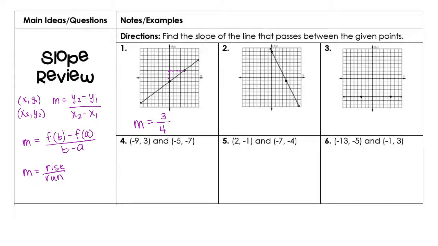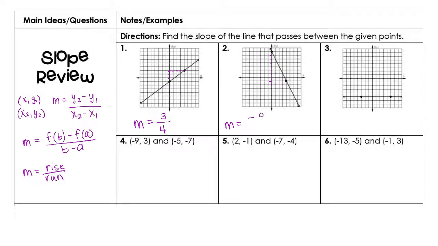Okay, moving on to our next one. Now this one, instead of rising up, we're going to have to move downward to get to our other point. So it looks like our slope, if we're moving downward, is going to be negative. So automatically I know I have a negative, and if we count down, we have 1, 2, 3, 4, 5, 6, 7, 8.